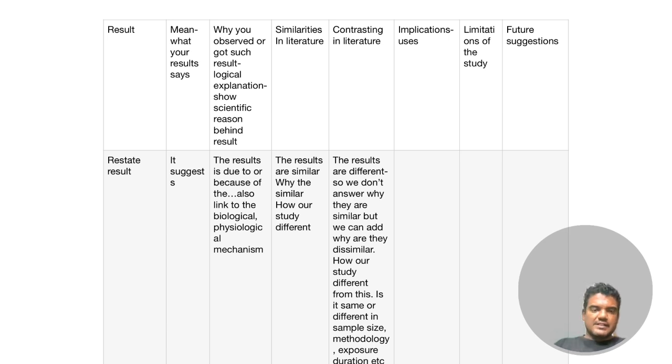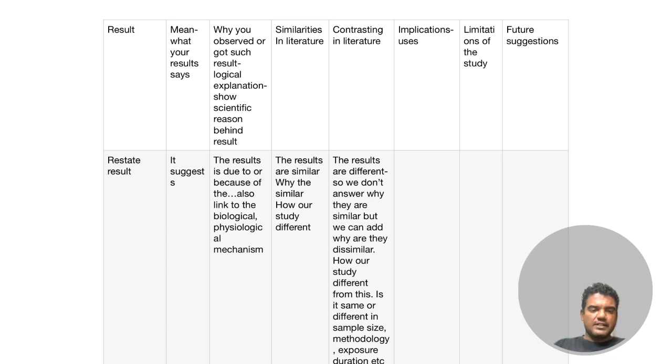Suppose your result is SOD enzyme activity in cancerous cells. Suppose you found increased levels of SOD enzyme in cancerous cells in exposure to a particular drug. So what it says is that the drug induces free radicals to activate the anti-defense mechanism.